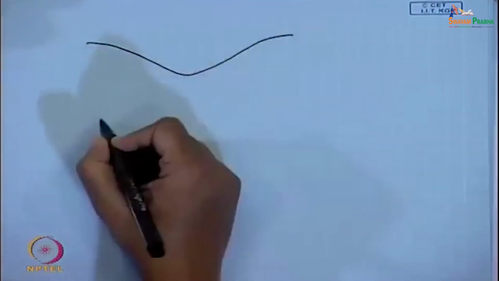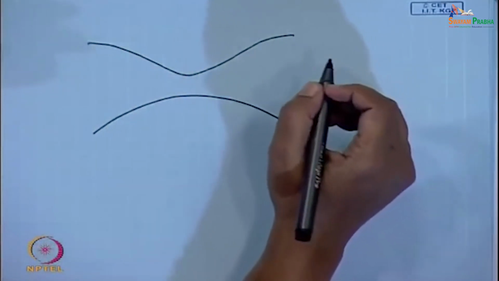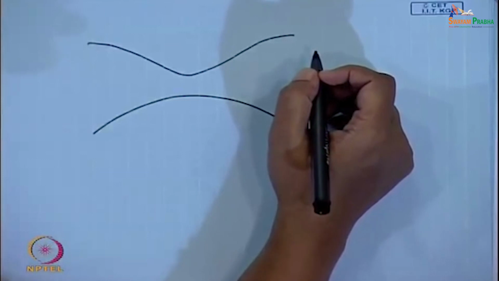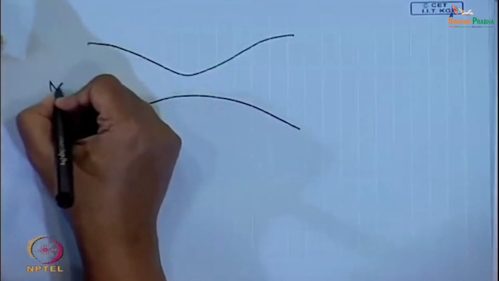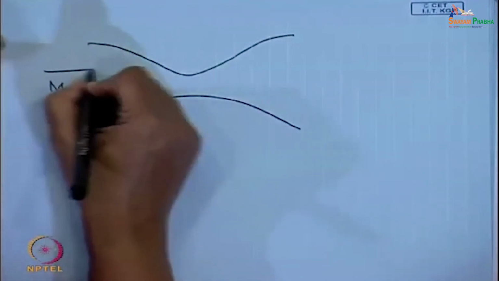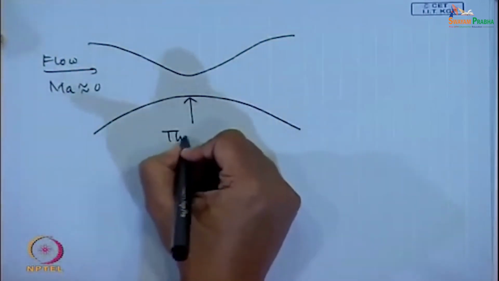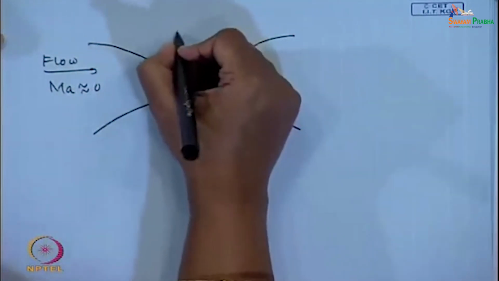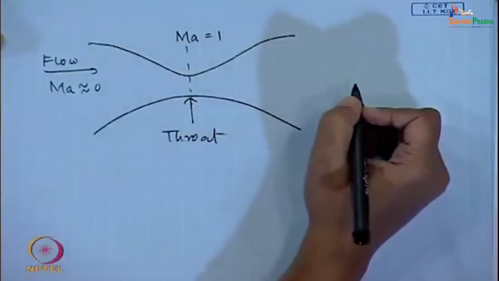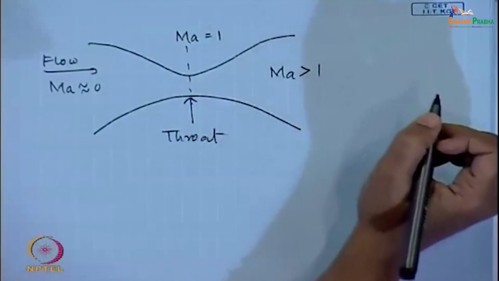So, for that case we have to do something of this sort. Suppose we want to obtain a supersonic stream starting from very low speeds at the inlet. Here the Mach number is almost equal to 0, flow occurs in this direction, and this is known as the throat. As we keep on increasing the velocity, we come to Ma equals 1 here, and then in this divergent section we get Ma greater than 1.